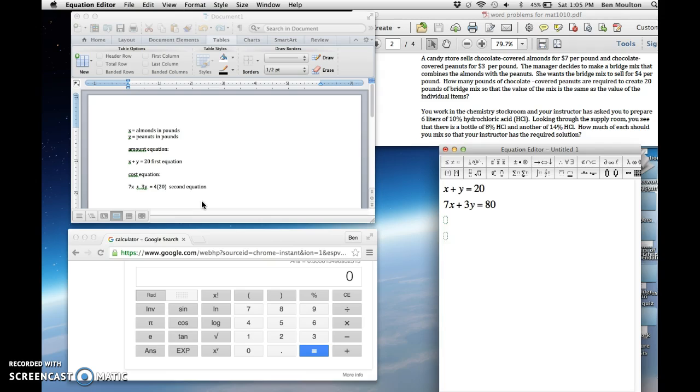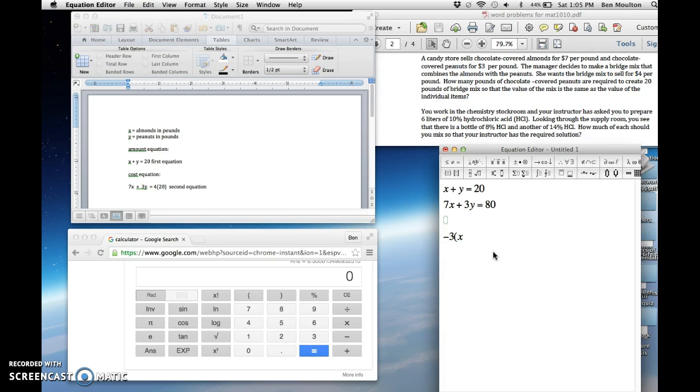If you're really into Cramer's rule, knock yourself out. Graphing, I don't recommend, so I'm not even going to go there. Substitution is actually set up kind of nicely because we have coefficients in front of the x and y in the first equation. But I'm a huge fan of elimination, so I am going to use elimination.